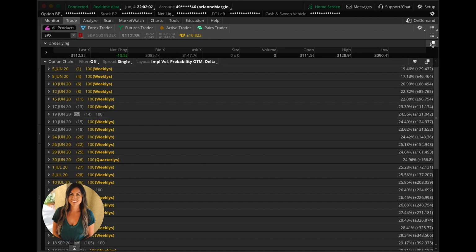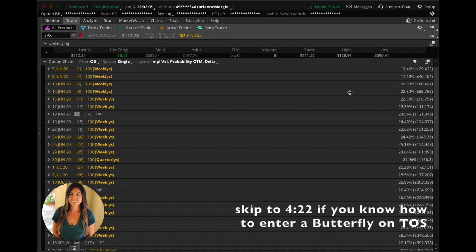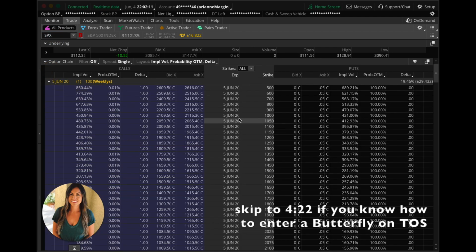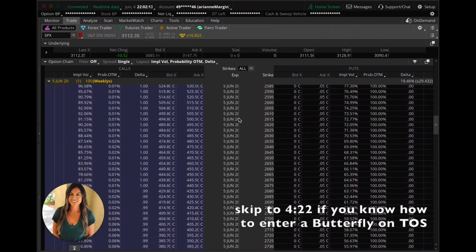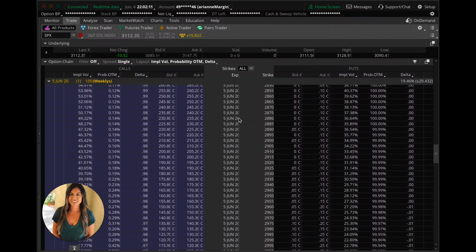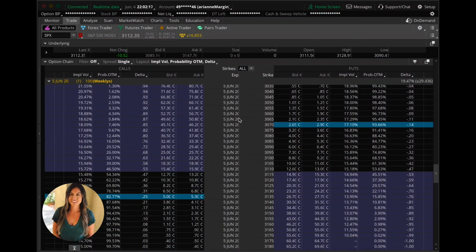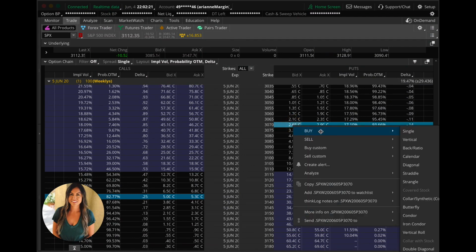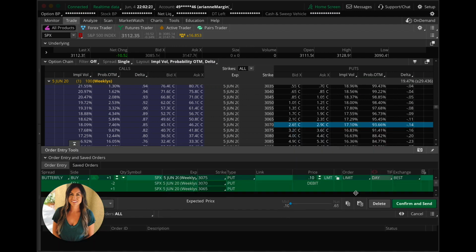If you use the Thinkorswim platform, this is how you'll enter the trade. You just head to the trade tab, type in your ticker, choose the expiration date, then scroll down and find the strike that you will be going short, and just right click it, tap buy, and then butterfly.